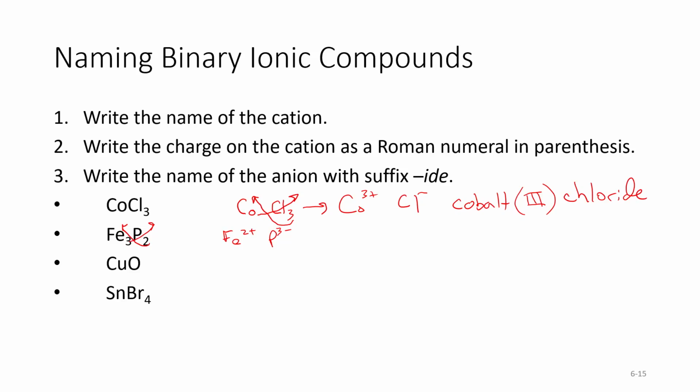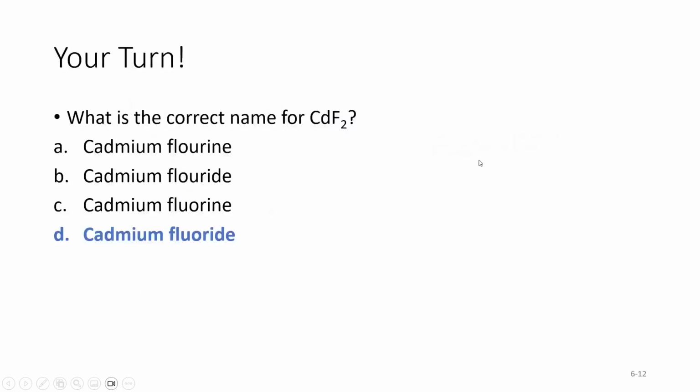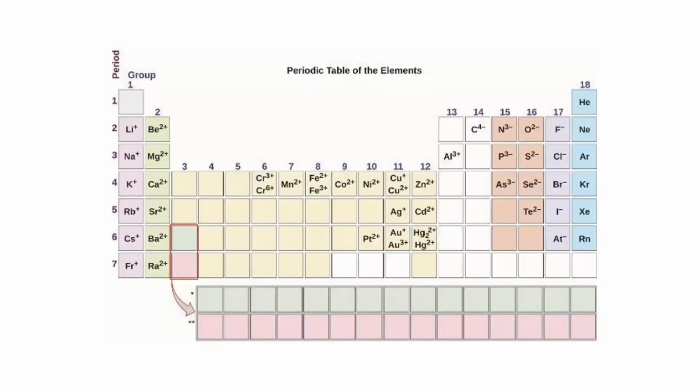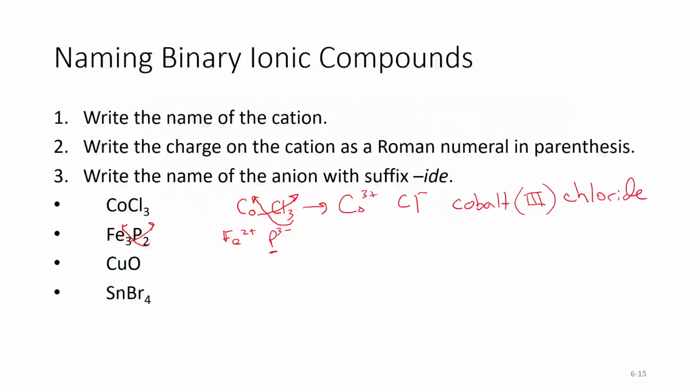Now we have to confirm that phosphorus actually has a -3 charge. Looking at phosphorus on the periodic table, it's not listed on this one. Let's go back up here. Phosphorus, here it is: 3-. So that is the true charge of the phosphorus, and this is the true charge of the iron in this formula.